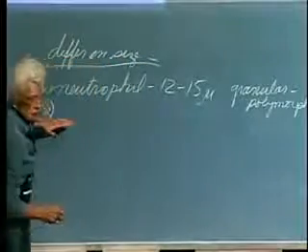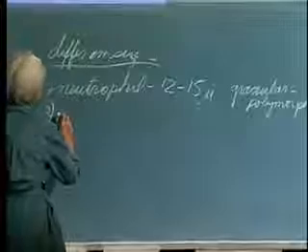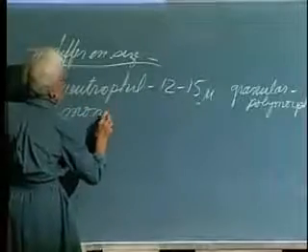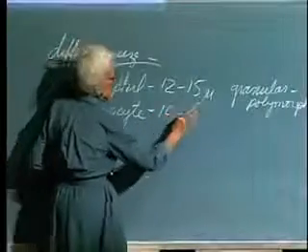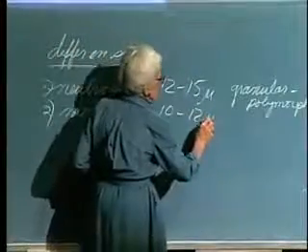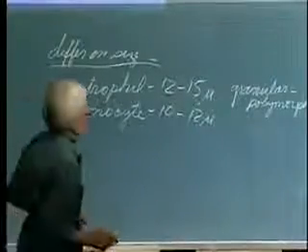The next size is the monocyte. And it's about 10 to 12 micra. And it is agranular.